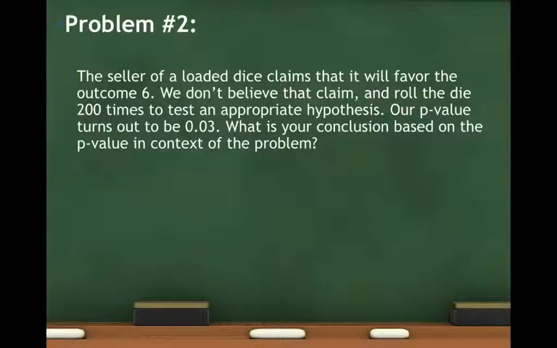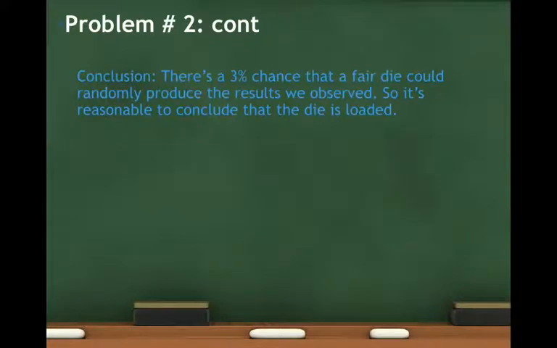Pause the video and think about what our p-value is trying to tell us here. Our conclusion is that there's a 3% chance that a fair die could randomly produce the results we observe. And so it seems reasonable to conclude that the die is loaded. That's what that p-value of 0.03 is telling us for this problem.